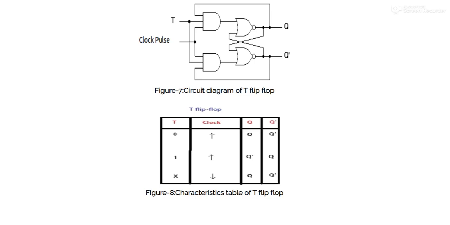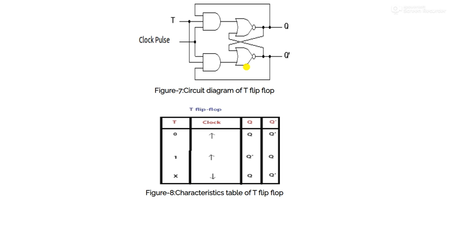Today we will discuss Digital Electronics Lab, and in this we will perform T flip-flop. So this is the circuit diagram of T flip-flop. It is the special condition, or we can say the condition of J equal to 1 and K equal to 1. And to achieve this condition we just combine the two inputs, that are J and K, into a single input.